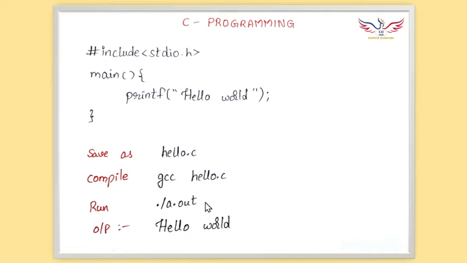What output are we expecting? We are expecting hello world on the output screen. So we run ./a.out. This is how we need to run it. Soon after you run this, the output will be displayed on the screen, which is hello world.